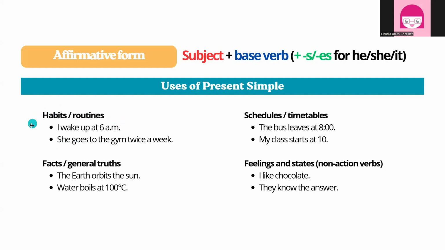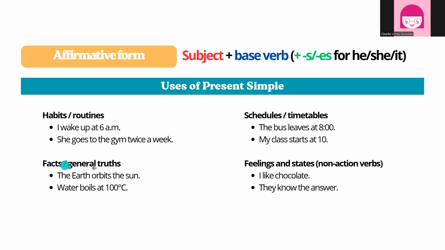Habits or routines. I wake up at 6 a.m. At what time do you wake up? 6 a.m.? My goodness, 5 a.m. Okay. Now, she goes to the gym twice a week. How many times do you go to the gym? You don't? Okay. Me neither.